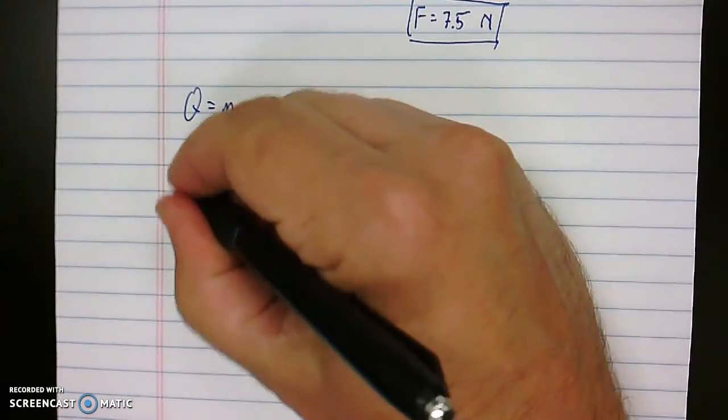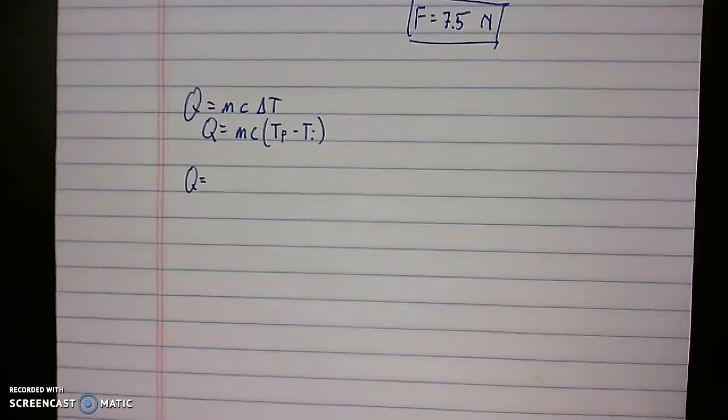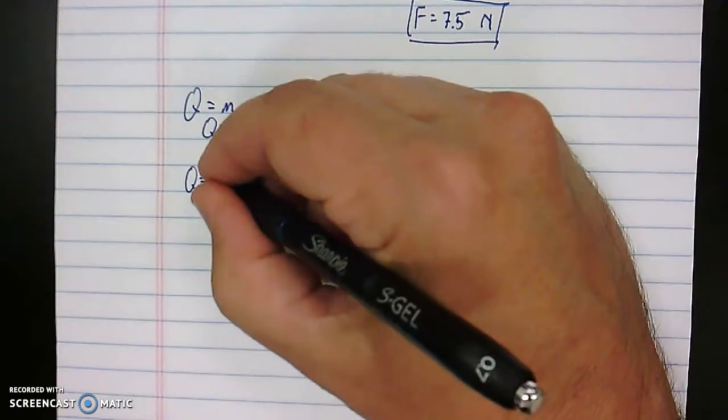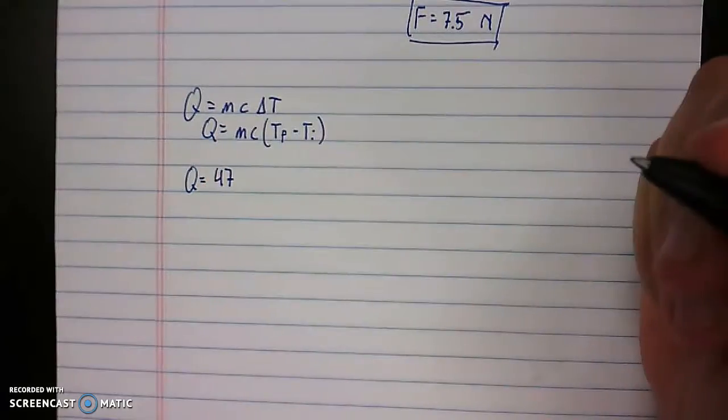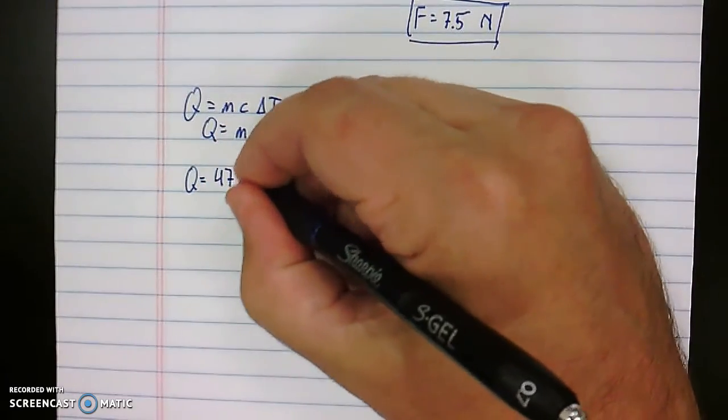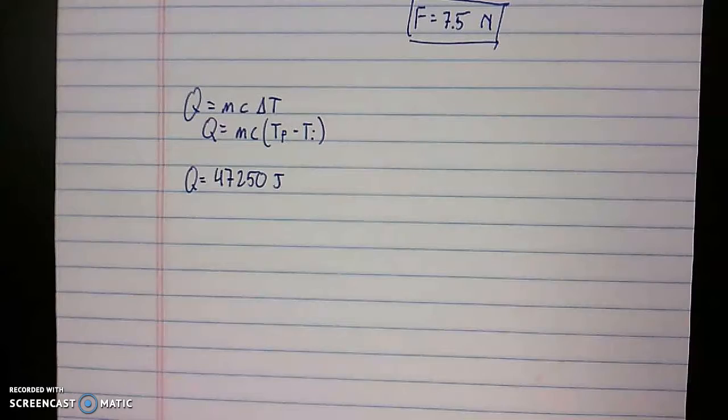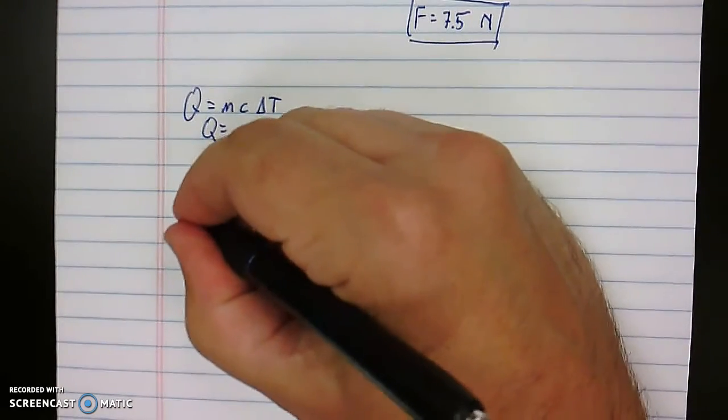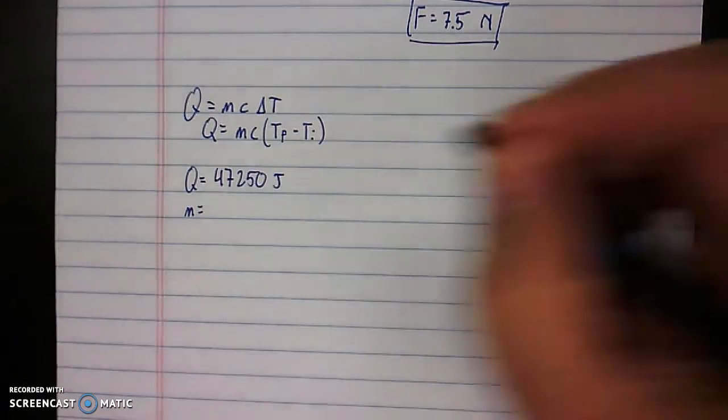Okay? So the Q value we're going to be given in this situation is a big number. It's 47,250 in joules. Again, when I list the given information, I have a tendency to write down the units so I have it all in one place. Mass, in this case, is going to be 1.5 kilograms.